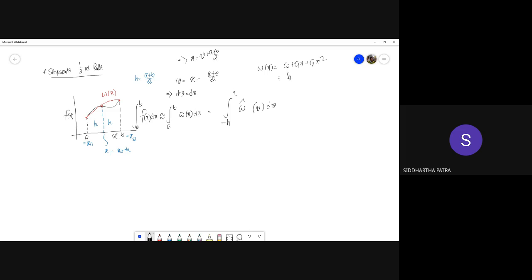So it is c0 plus c1 times (v plus (a plus b)/2) plus c2 times (v plus (a plus b)/2) squared, which is a different function in v. So the functional relationship of w with x and v differ, hence the representation. That's the only significance. But in the end, this could also be written as c0 bar plus c1 bar v plus c2 bar v squared, with some c0 bar, c1 bar, c2 bar different from c0, c1 and c2.